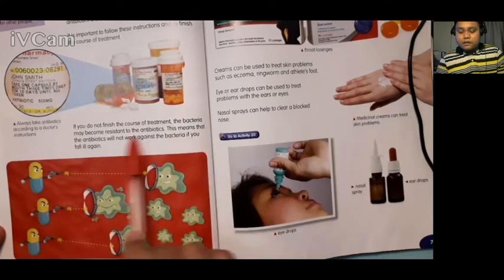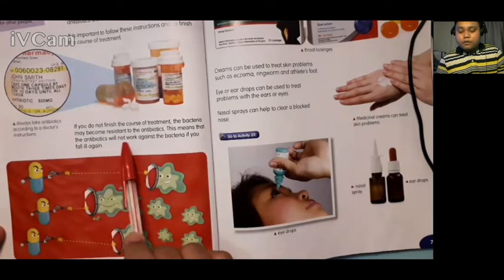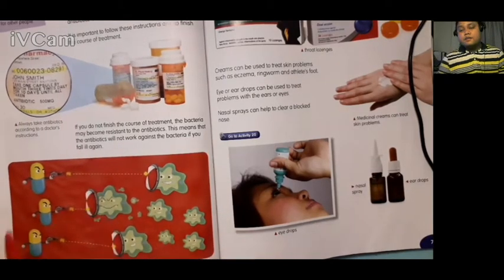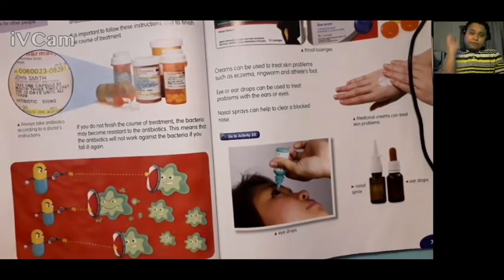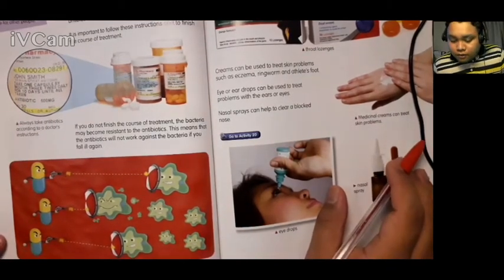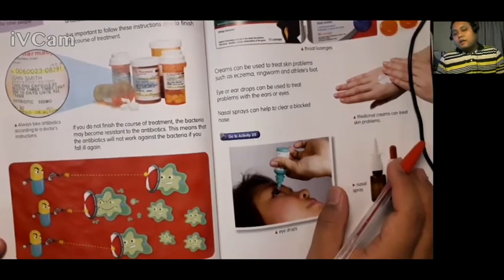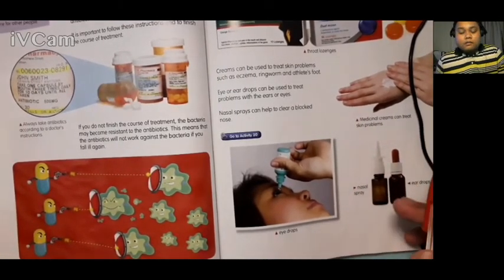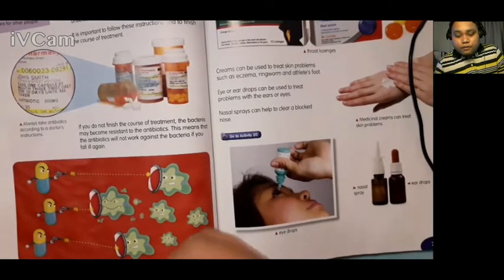This means that the antibiotics will not work against the bacteria if you fall ill again. So it's very important to follow the instructions, the course of treatment, or else the bacteria will become stronger. So when you get sick again, you need a higher dose of antibiotics.